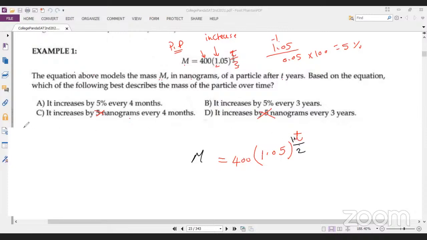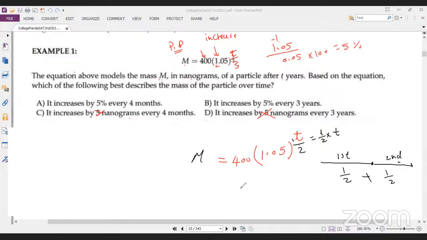Just t over 2 means one half times t. That means every year it's increasing by half. This is the first half, another half will be the second year, so every 2 years it increases one time.